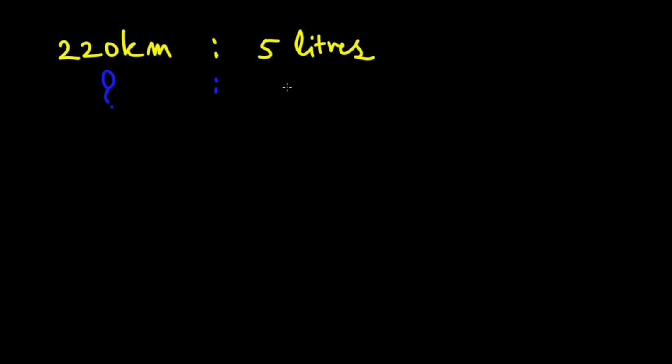A motorbike travels 220 kilometers in 5 liters of petrol. How much distance will it cover in 1.5 liters? We will assume the distance to be x kilometers. So first we will take ratio of 220 and x.